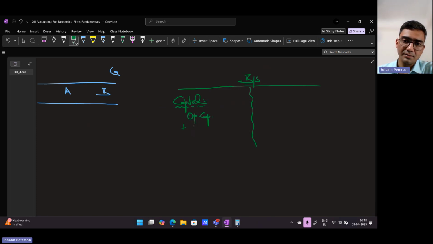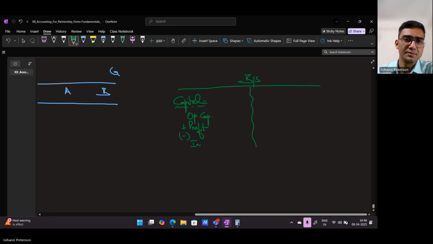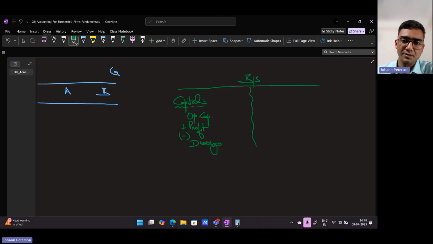To this, we added our profit and we subtracted our drawings. So whatever was the amount here, to this we added our profit, and from this we subtracted our drawings. This gave us a final amount, which was mentioned here. And this was our closing capital.